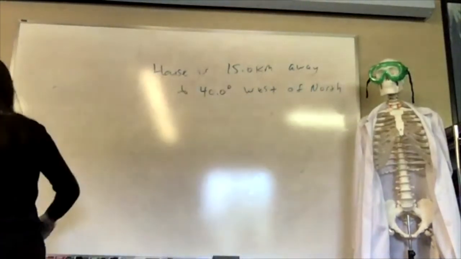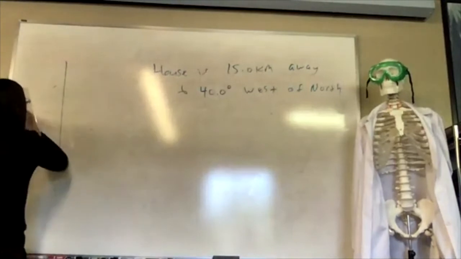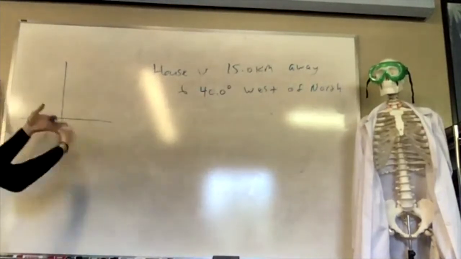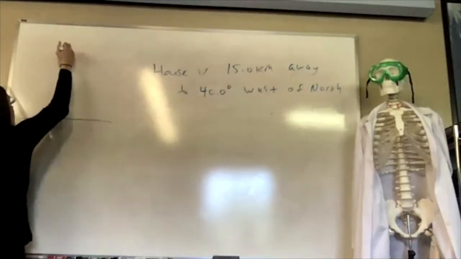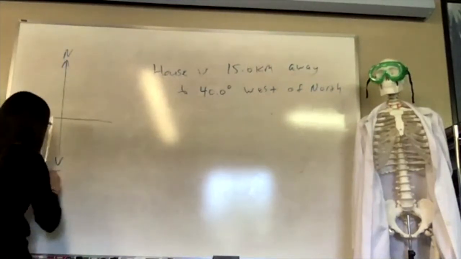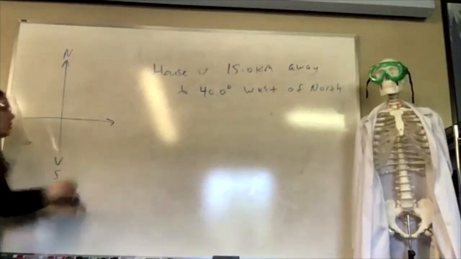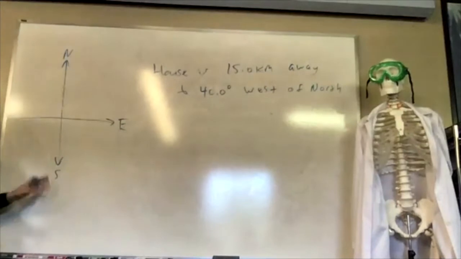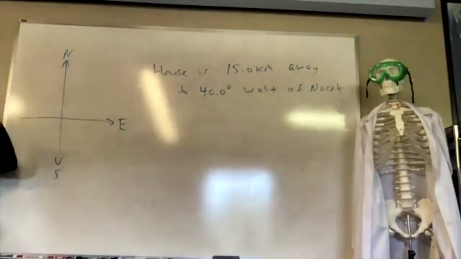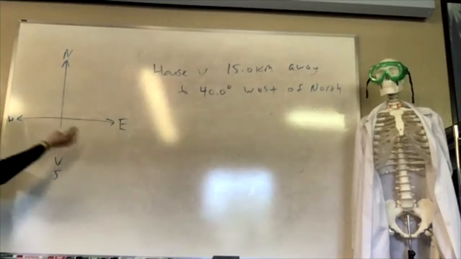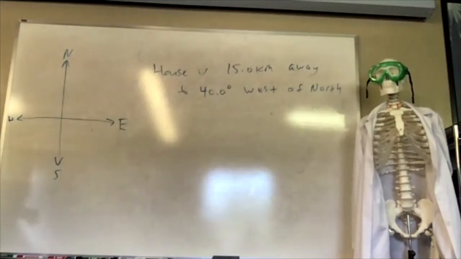So let's draw what that means. If you were to draw an XY coordinate plane, north, south, which way is east? Have you ever heard 'never eat soggy waffles'? That's one way to remember it, but east is rightward, west is leftward.